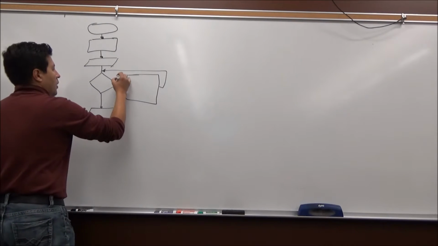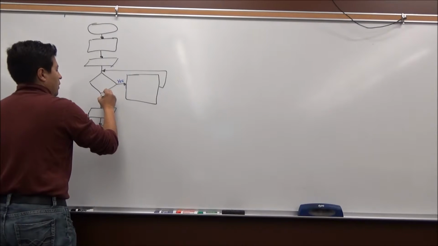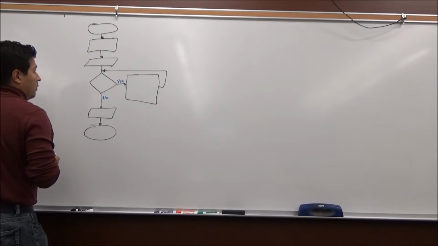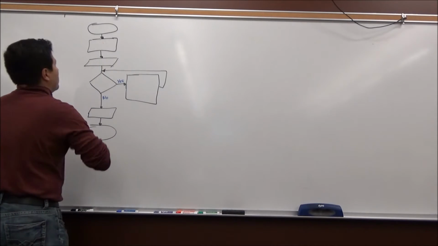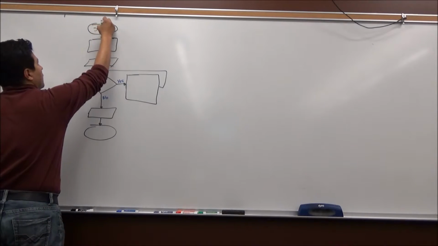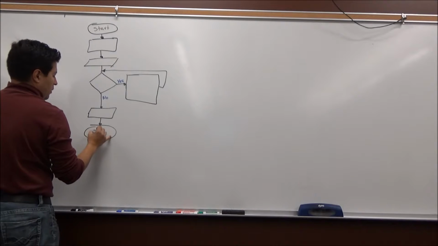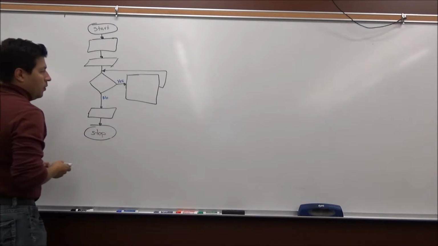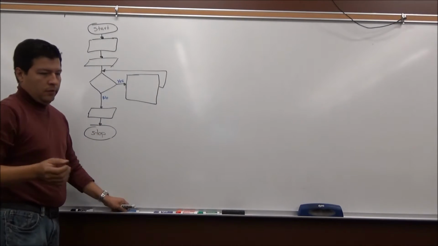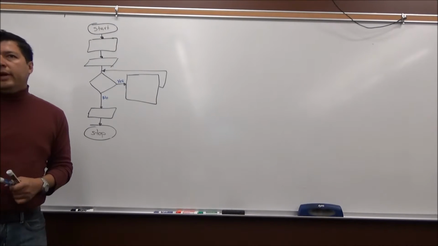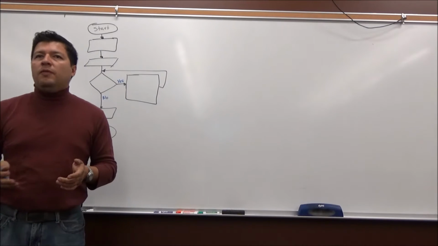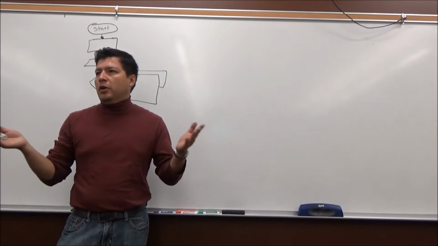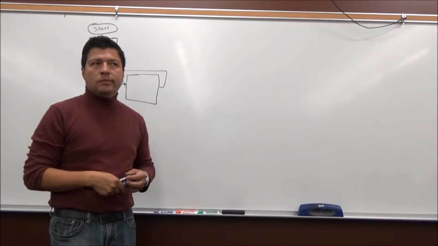So if it's yes, we go this way. If it's no, we just display the result. So we start and we end. So we're gonna need 2 variables, right? So we'll assume these are integers, and we'll assume if the user enters 0, we're done adding the numbers.